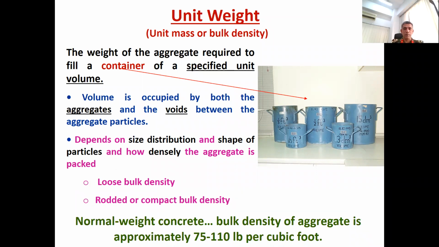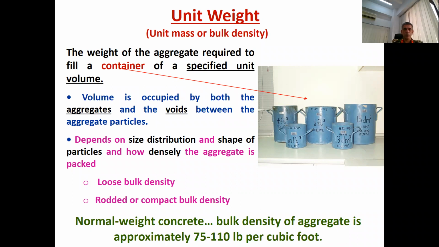If you put the aggregates in a container and shake it, it will become more dense. And if you go for compaction, it will become more dense. So this is the issue which affects the aggregate's unit weight.